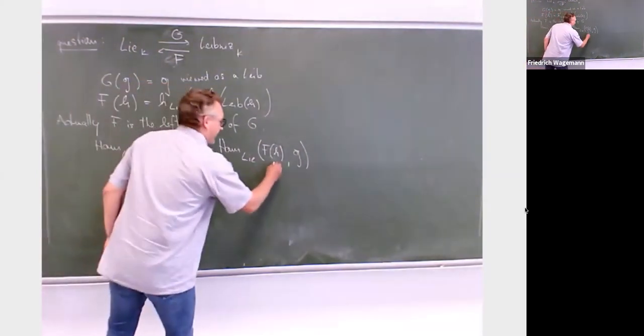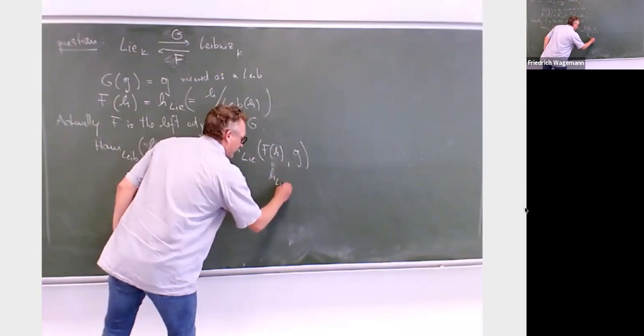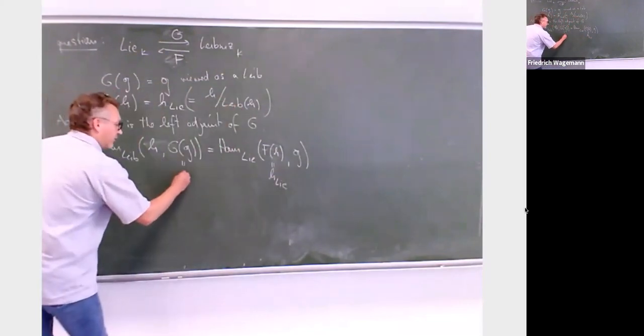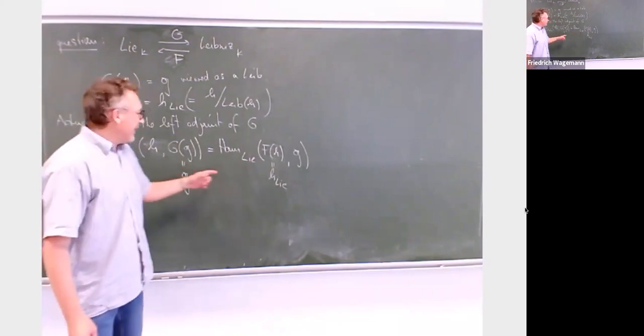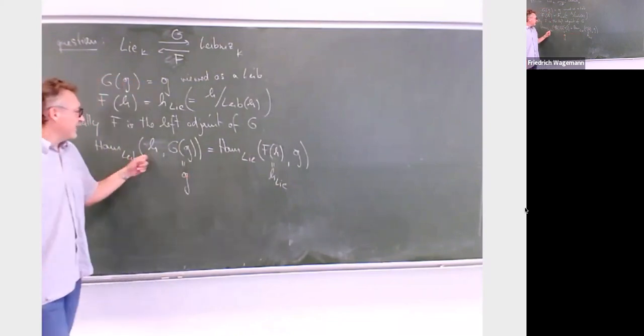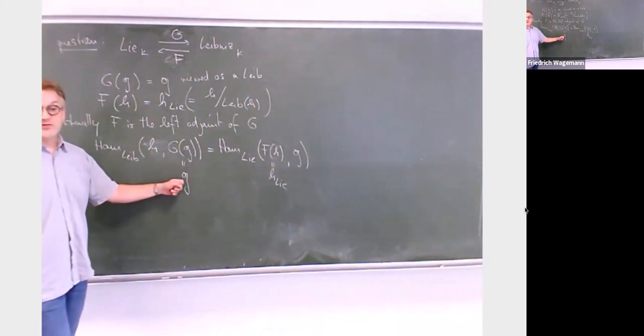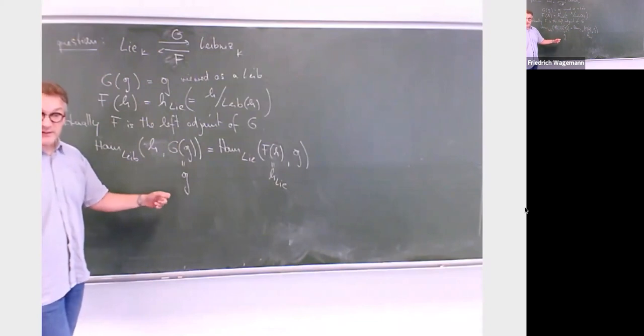And then this bijection is true for one given Leibniz algebra H and Lie algebra g, because every time you have a morphism of Leibniz algebras with values in a Lie algebra, the Leibniz ideal will be in the kernel.